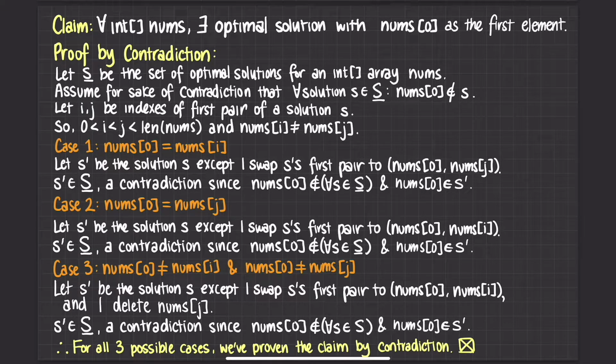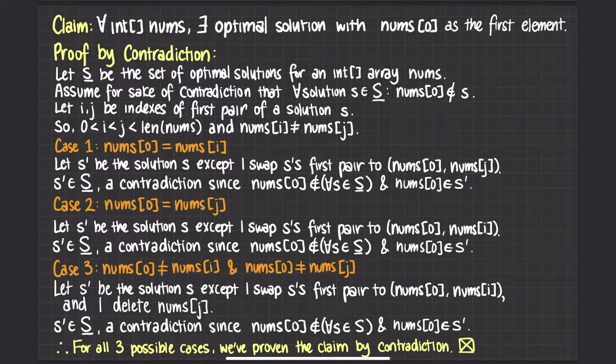I'm going to prove this claim, that there is always an optimal solution with nums 0 as the first element, for any nums int array we're given, through proof by contradiction.